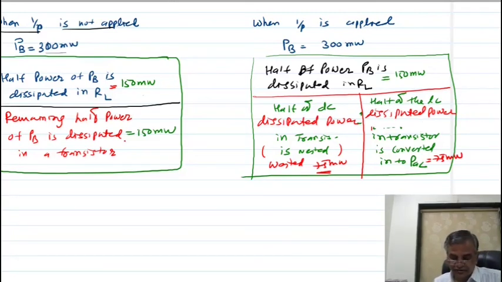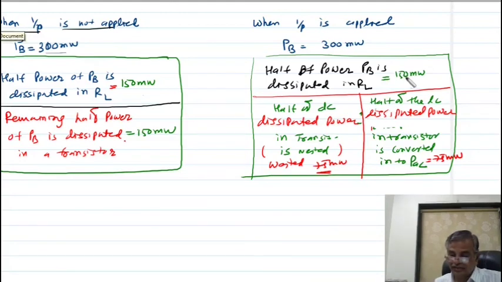So look here, when AC is not given, in RL how much is wasted? 150. In the transistor, 150. When AC input is given, still in RL 150 is wasted. From the transistor's dissipation, half is wasted, but the remaining half is converted into AC power.